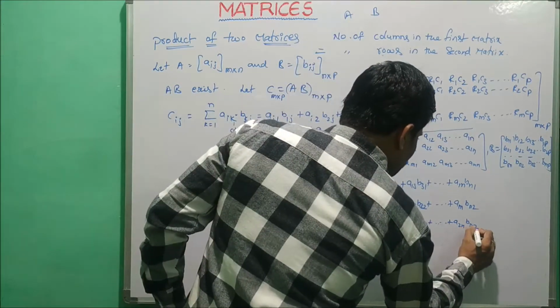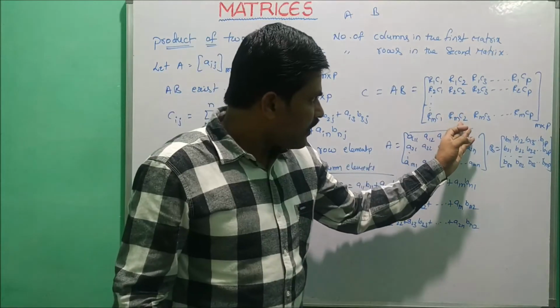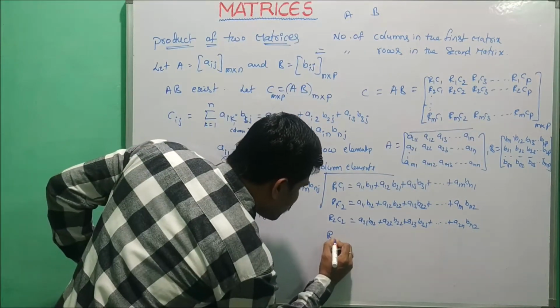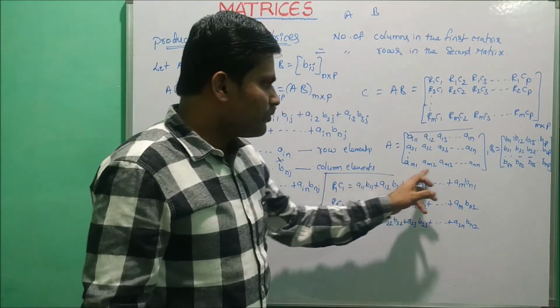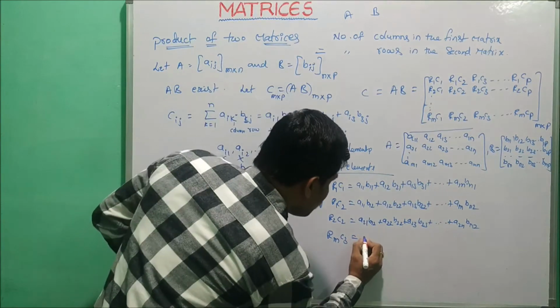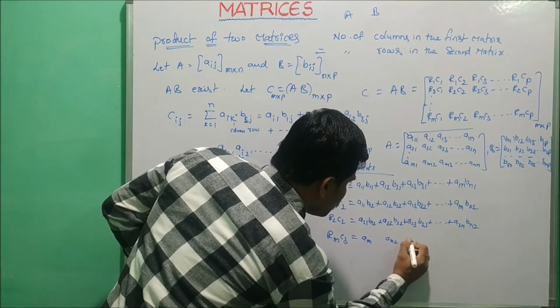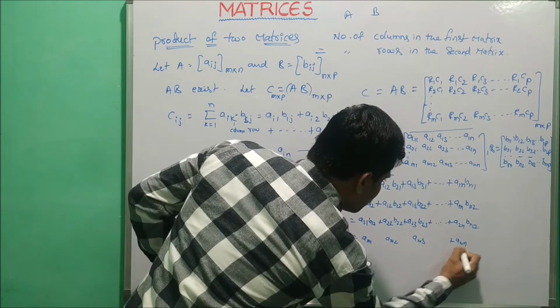So this is R2C2. Now also we have to take some RmC3. Here Rm, nth row, the last row. We have to write first Am1, Am2, Am3, Amn.